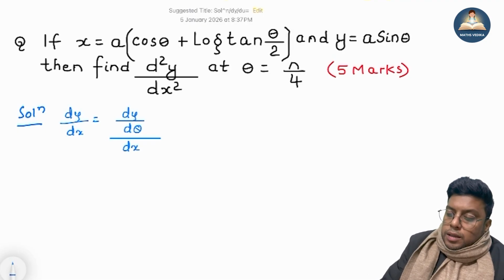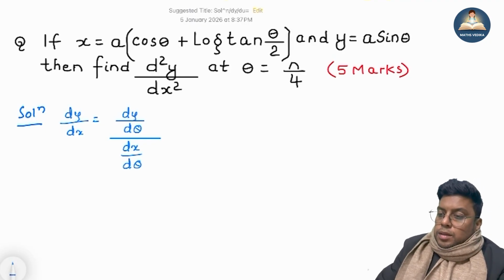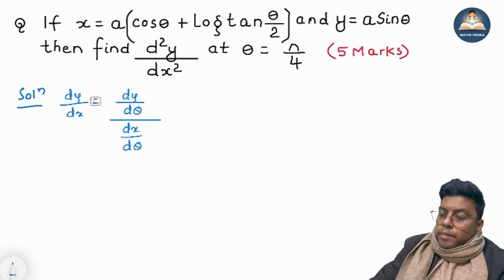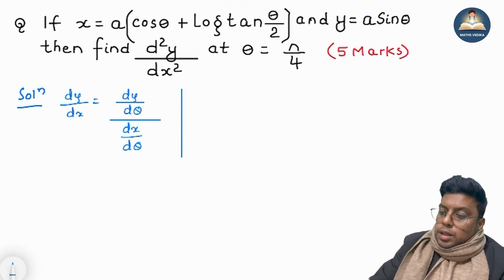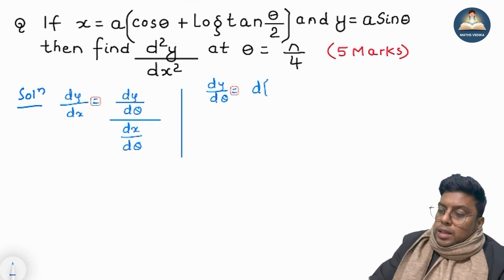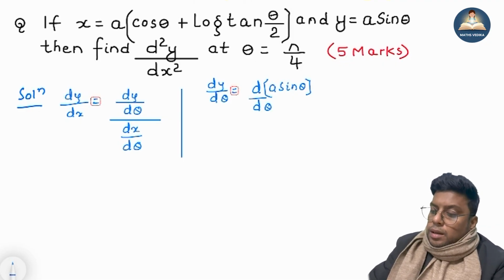So dy by dx is equal to dy by d theta divided by dx by d theta. Here y is a sin theta, so dy by d theta is equal to the derivative of a sin theta with respect to theta. a is constant, so a times the differentiation of sin theta, which is cos theta.